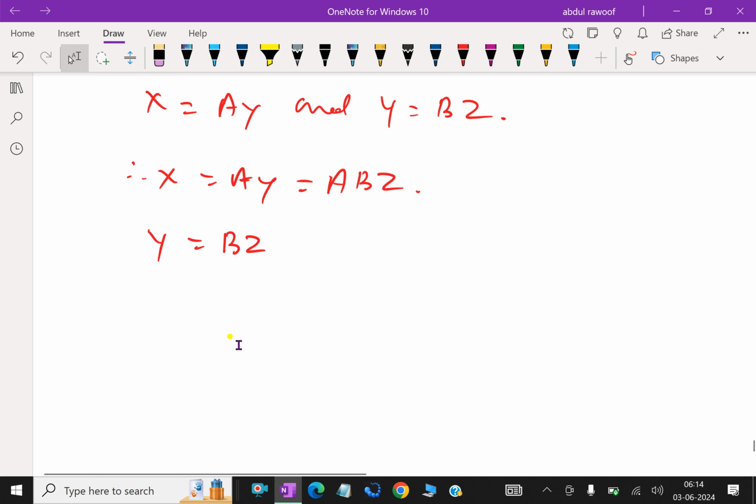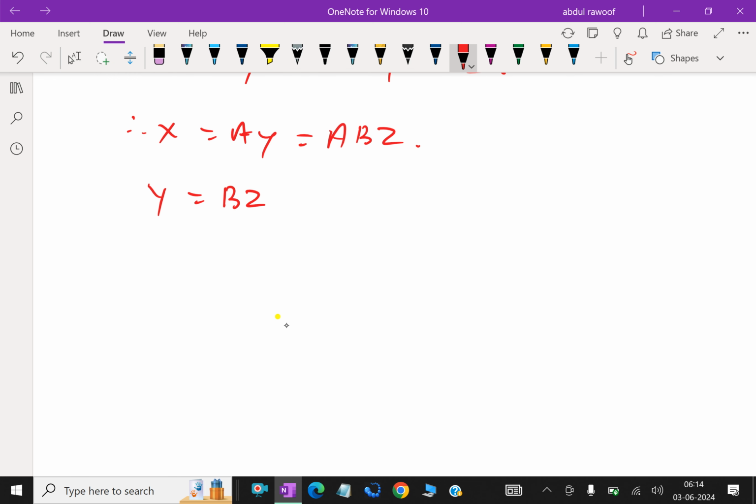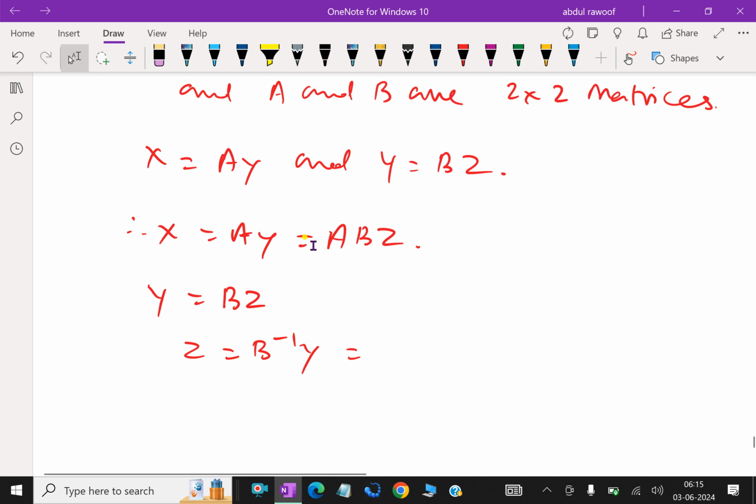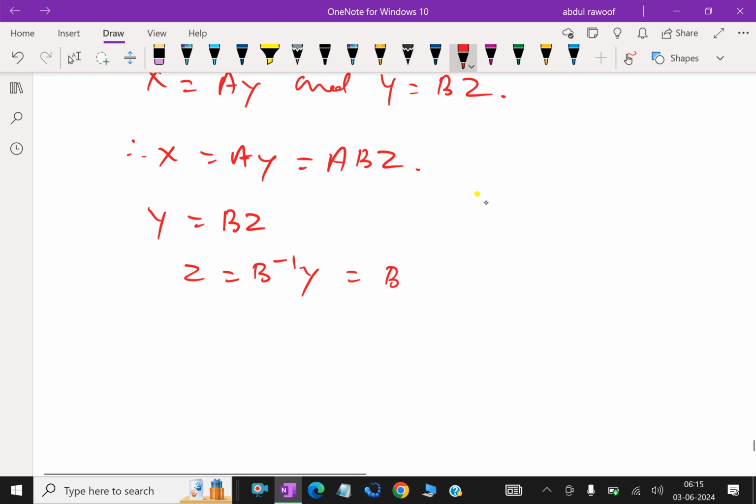Then Z in terms of X. Then Z equals B inverse Y, which further gives Z equals B inverse, and Y is A inverse X. Therefore Z equals B inverse A inverse X.